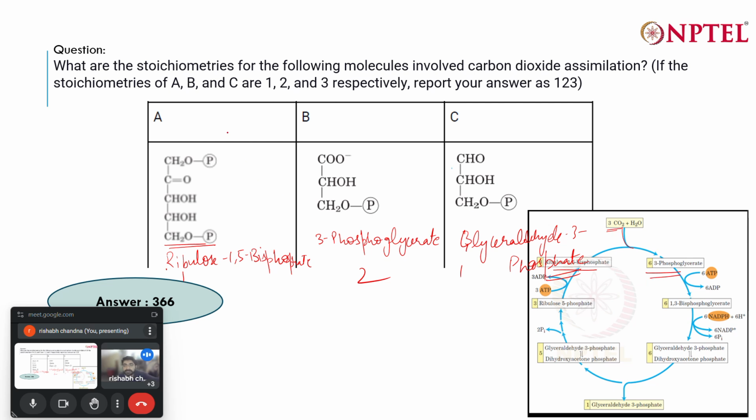So three molecules of ribulose 1,5 biphosphate, six molecules of 3-phosphoglycerate, and six molecules of glyceraldehyde 3-phosphate. Okay, so the answer becomes 3, 6, 6. Is the explanation clear for the particular question?